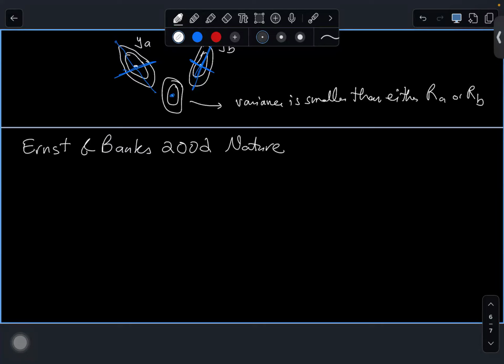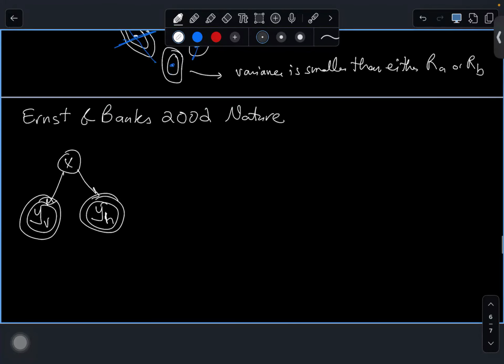Meaning that if I have X, which is the width of this object, and I have Y vision and Y haptic that I can measure, do I combine YH and YV using maximum likelihood, this generative model based on the noises that are actually present? And that's exactly what they did.